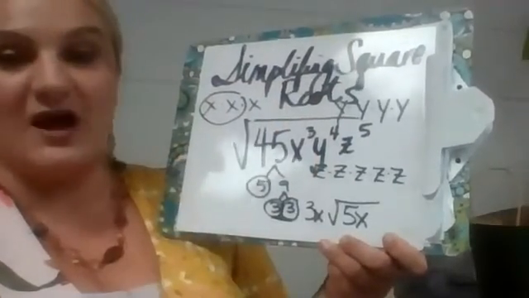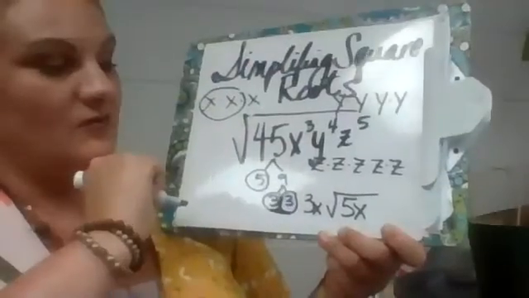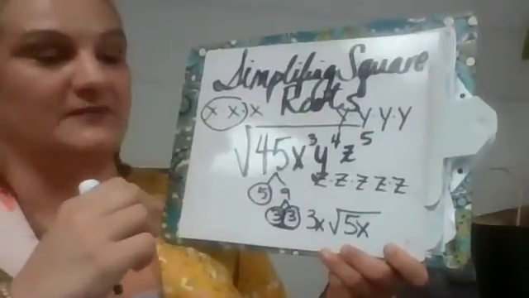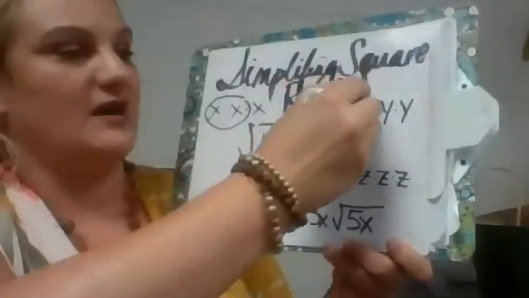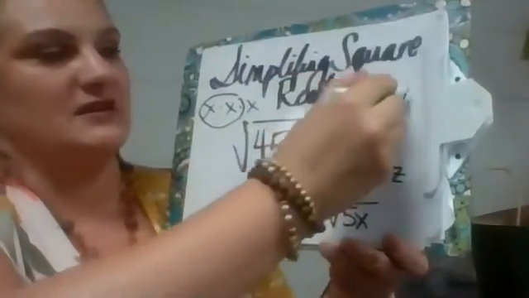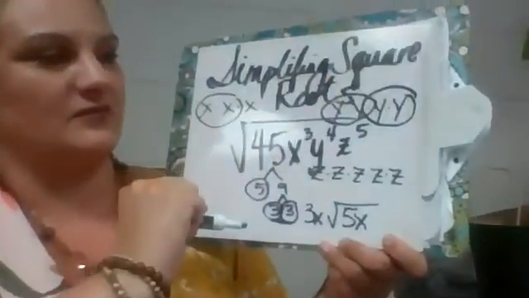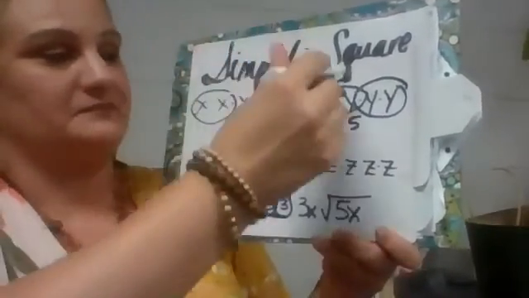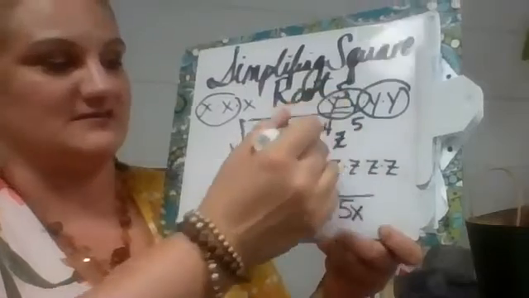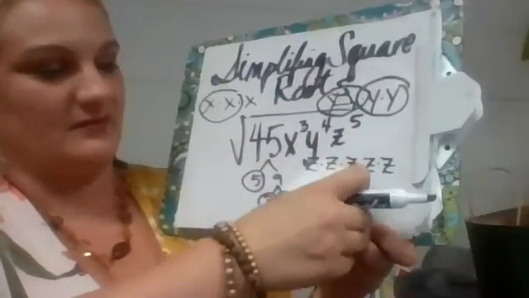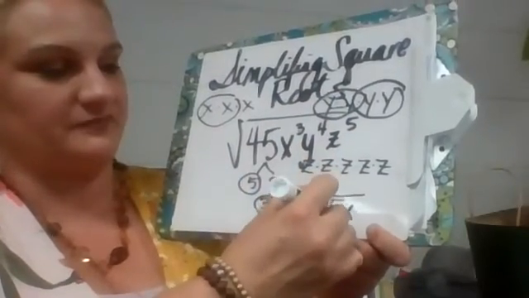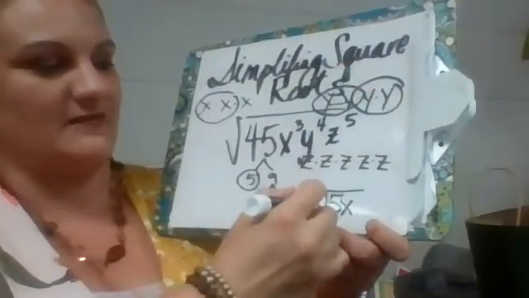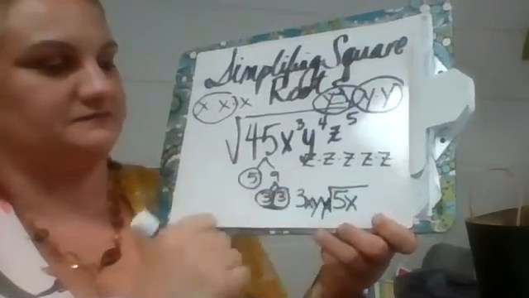The next thing with our y's, because there's 4 instead of 3, we're a little bit different. We have 1 pair of y's and another pair of y's. So they're not all riding together, so we don't just write 1 y. So this pair of y's is going to ride in the same vehicle. So we put y. And this pair of y's is going to ride in the same vehicle, so we put y.